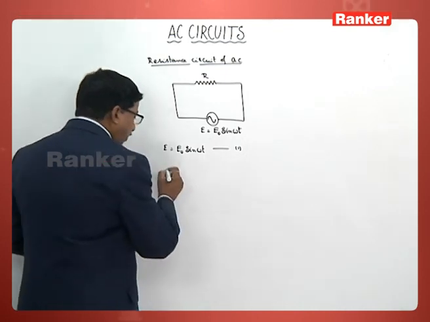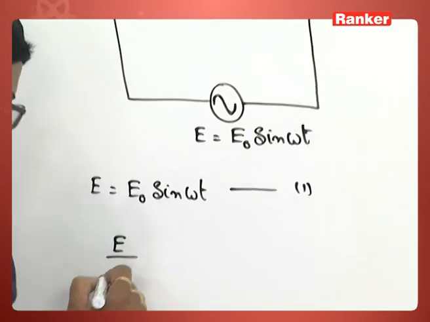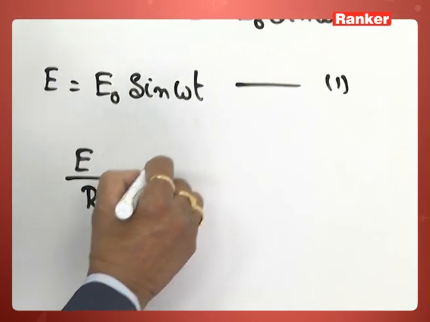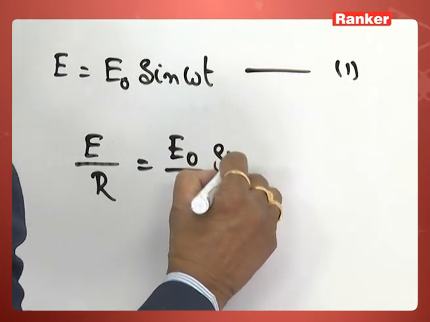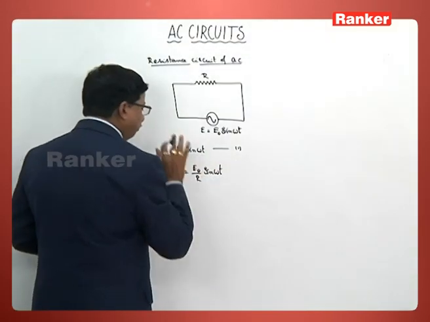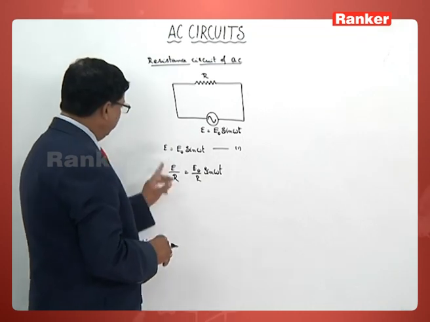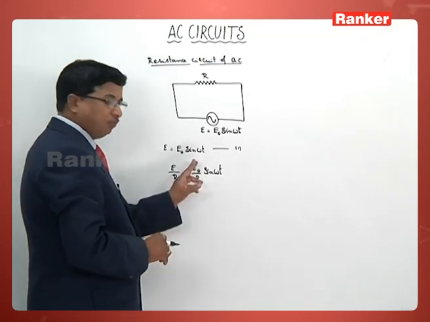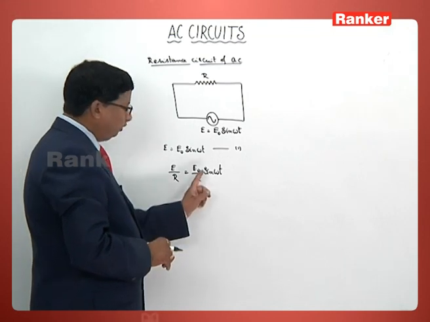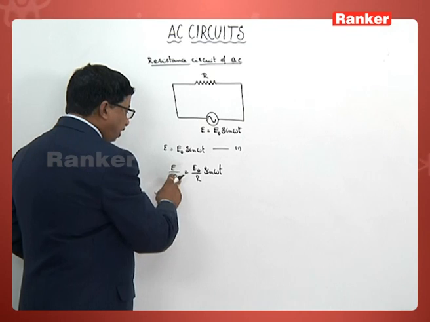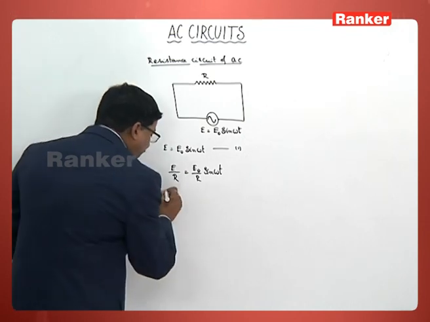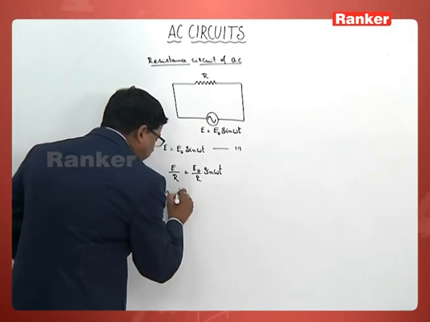Now, if I just divide the total equation by the resistance of that conductor, then we will be getting the equation this way. E by R is E naught by R sine of omega t. But according to Ohm's law, E by R refers to the current.